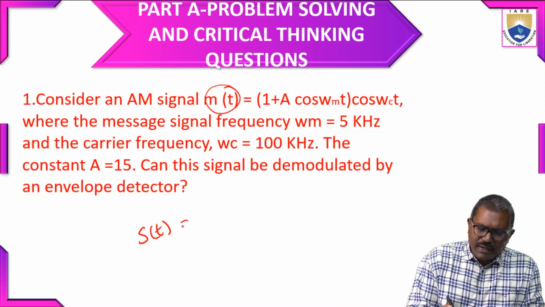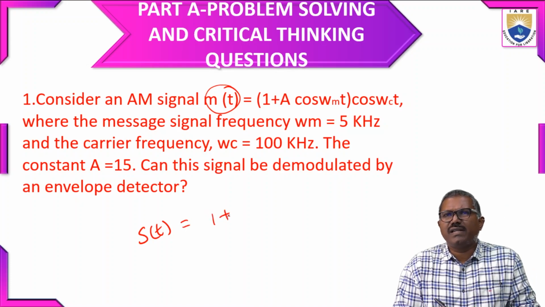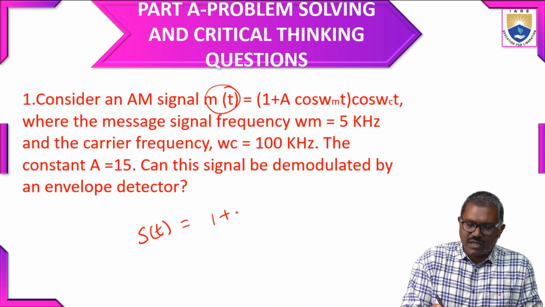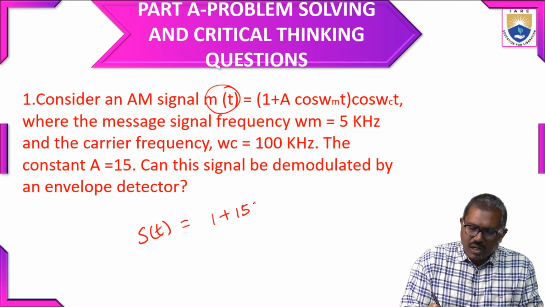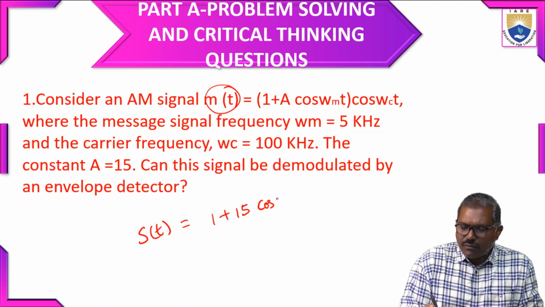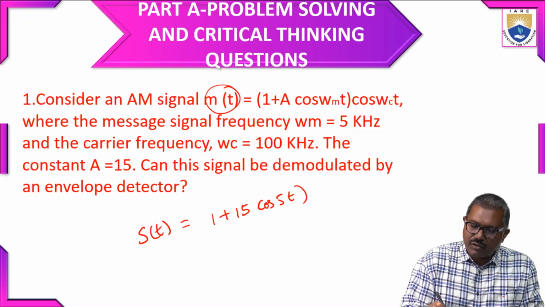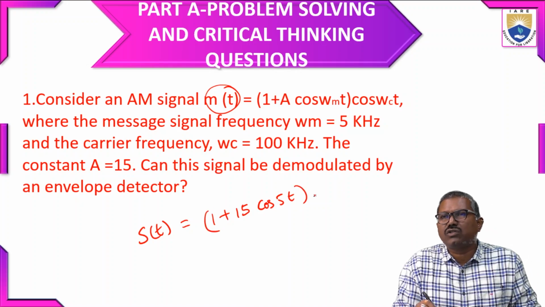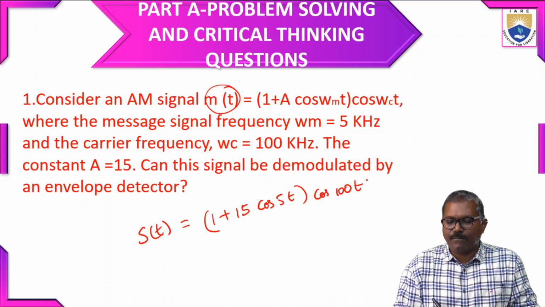Now my S of t is equal to 1 plus A, where the constant value is 15, cos 5 t, whole bracket, cos omega c t, so cos 100 t.